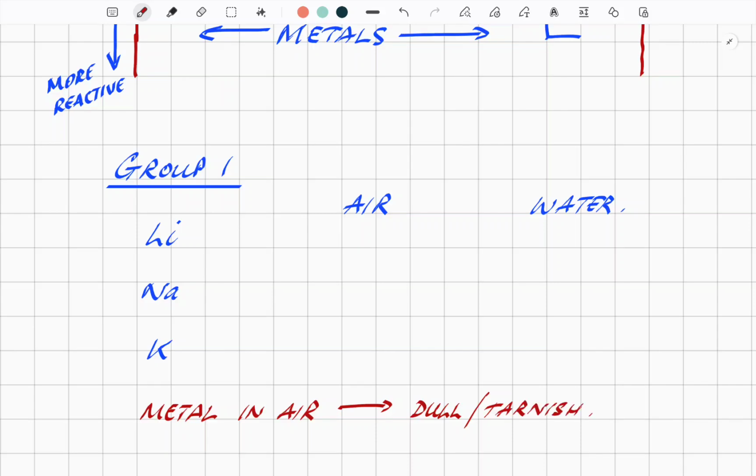You could even have, like with iron, rusting as well, but that needs water as well. Okay. So the point is, lithium in air, it's not going to do too much, because it is not that reactive.